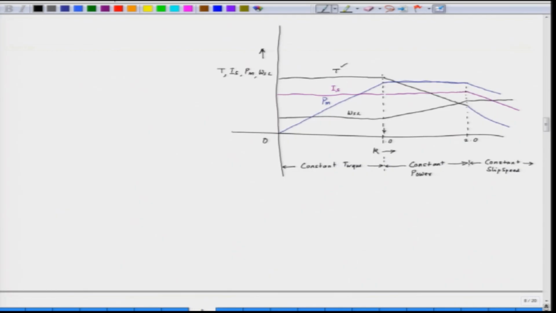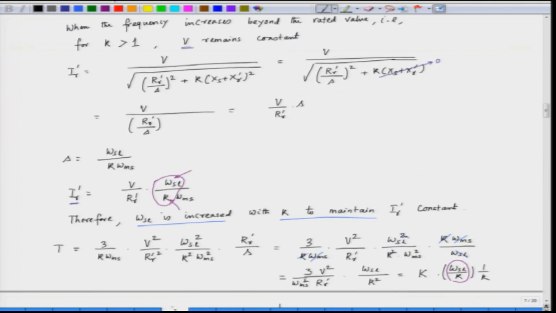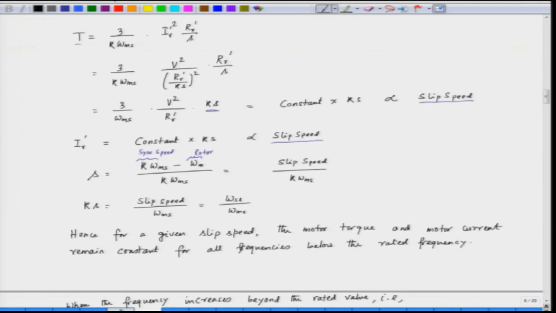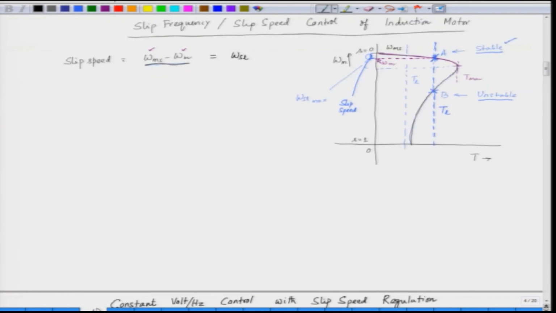So, constant slip speed means the slip frequency or the slip speed reaches the maximum possible value. We cannot exceed a maximum value of slip frequency, because if you see the torque speed characteristic in this case, this is the maximum value of slip speed that we can have. This is omega SL max, otherwise we will be entering into the unstable region. So, we have to limit the value of slip speed.